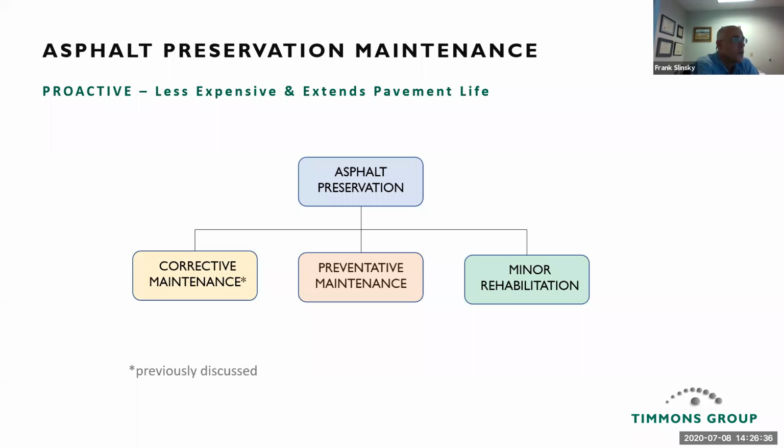Let's talk about asphalt preservation maintenance. It's proactive, it's less expensive, and it extends your pavement life. So we previously discussed corrective maintenance. That is a part of asphalt preservation. But this also includes what's called preventative maintenance and minor rehabilitations.